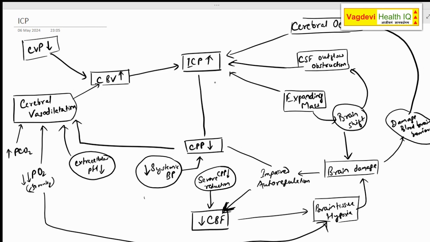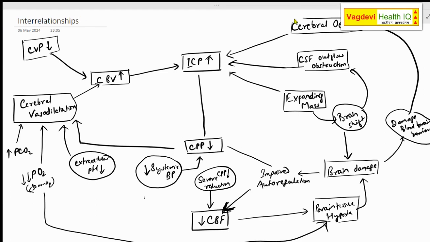Clear? So if you master this chart, it will be very good for you. Rather than writing ICP, I'll write interrelationships.